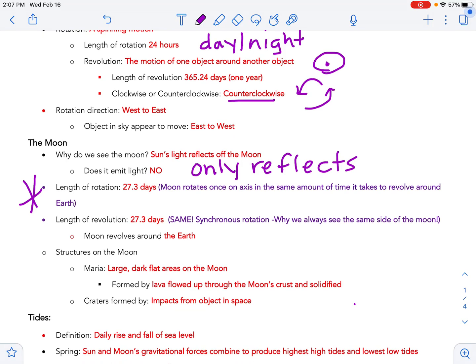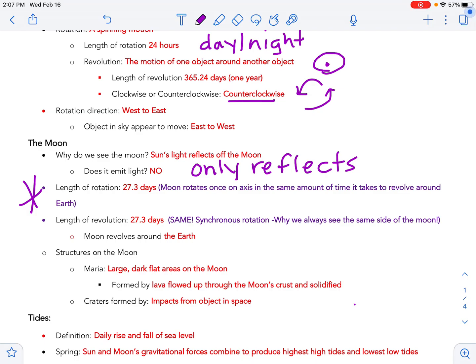The structures on the moon, so we have maria, which are those large, dark, flat areas on the moon. How are they formed? They were formed when lava flowed up through the moon's crust and solidified. Craters were formed by impacts from objects in space, meteors, meteorites, those types of things, asteroids, planets with small space rocks in the solar system banging into the moon.